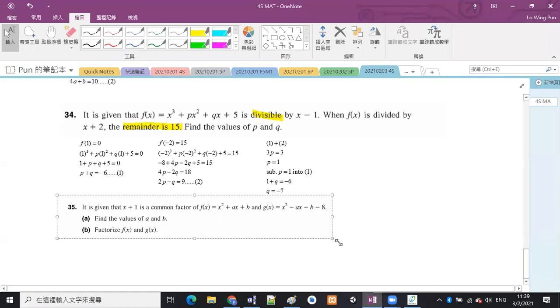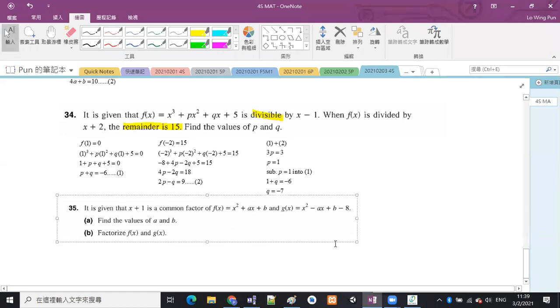It is given that x plus 1 is a common factor of fx and gx. Common factor of fx and gx means that x plus 1 is a factor of fx and x plus 1 is also a factor of gx. Can you get this?